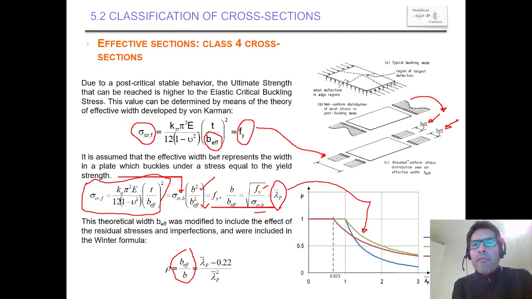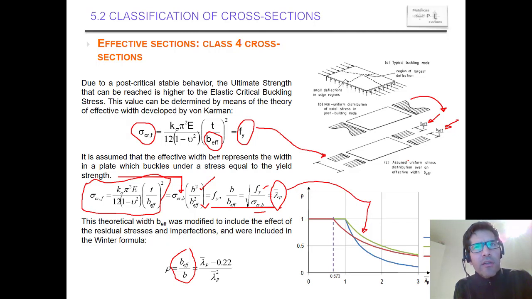Okay, so we have this von Karman expression that was modified by another researcher called Winter, with a modification aimed at including the effect of the residual stresses and imperfections in plates. Plates are not perfect, so we needed to add to the expression somewhat more complex initial conditions.